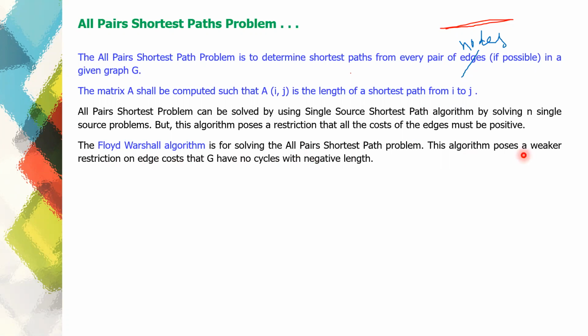Now, if you want to use this algorithm, there is a restriction posed on the graphs: the given graph G should not have any cycles with negative length, with negative cost. That is the rule. The given graph G should not have any cycles with negative cost, and then only you can apply the Floyd-Warshall algorithm on such a graph G.